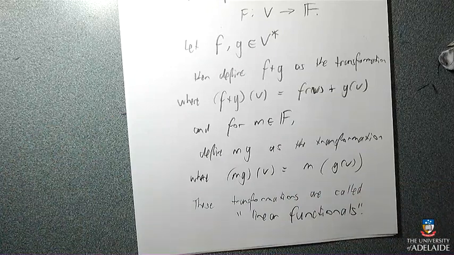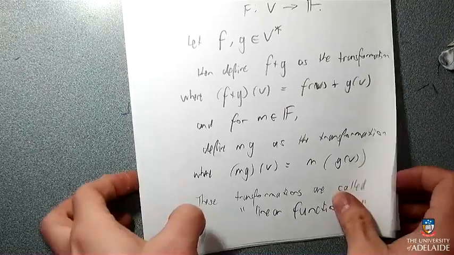So when someone says linear functional, they mean a linear transformation from the vector space into its field. Okay. Cool. And they would necessarily be onto the field, except one of them: the one that sends everything to 0.